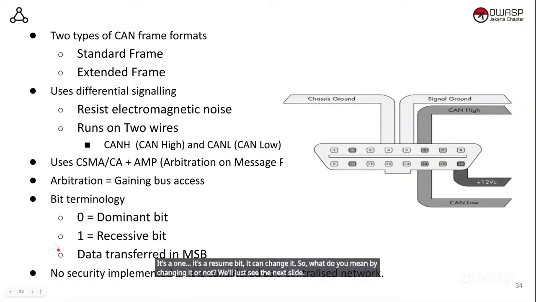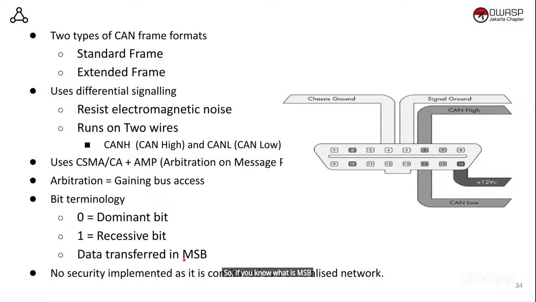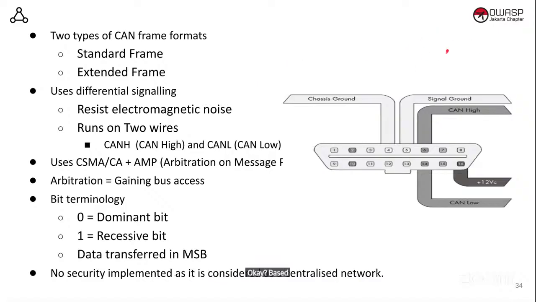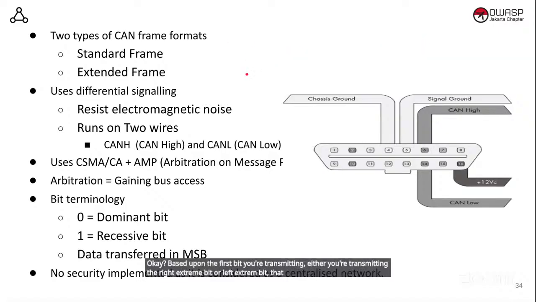If you know what MSB is, most significant bit based transmission, and least significant bit based transmission, that's embedded terminology. Let's say you have around 9 bits. Based upon the first bit you're transmitting, either you're transmitting the right extreme bit or the left extreme bit. That is the difference between most significant bit and least significant bit transmission.